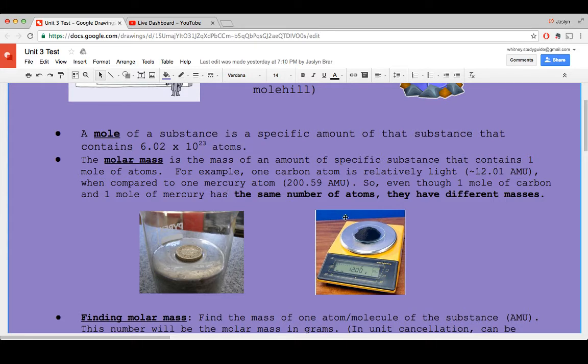So for example, you have carbon right here, and this is 1 mole of carbon, because it says 12.00 grams. And I don't know how much mercury this is, but this is mercury. The point is, different substances have different masses in order to have a mole. This has to do with the weight of each substance's atom. So 1 carbon atom is lighter than 1 mercury atom, as you can see here.